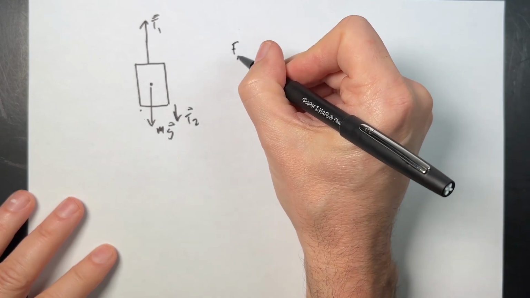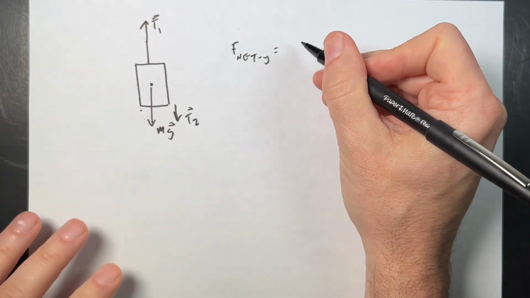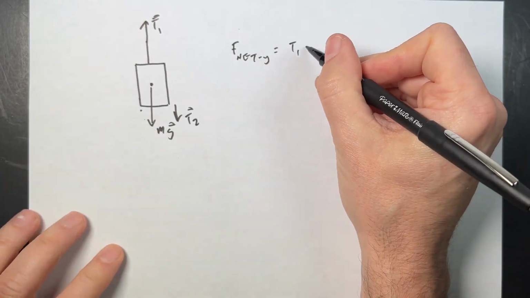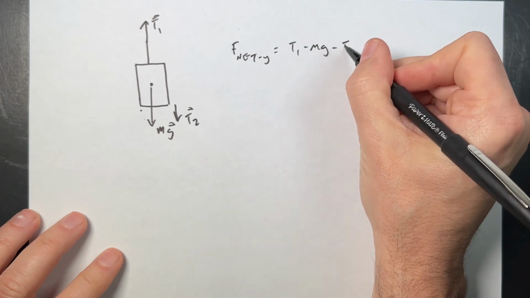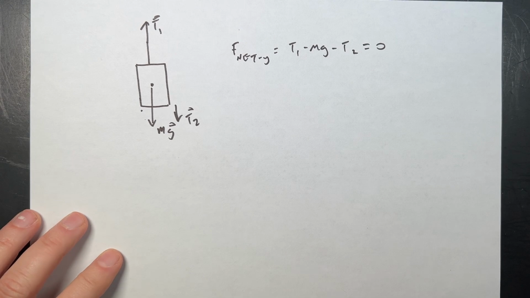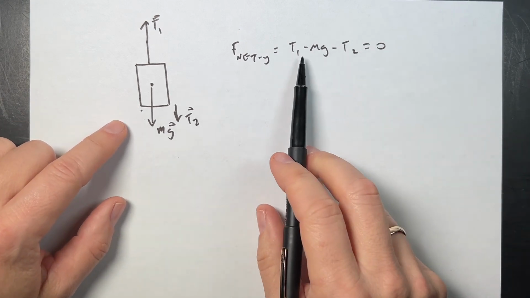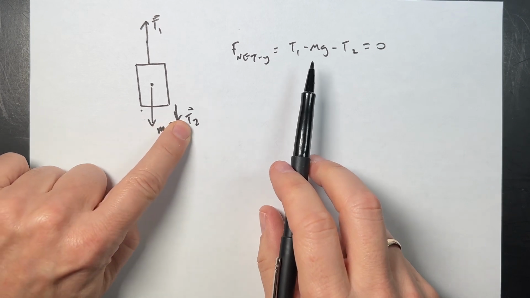So F net in the y direction is equal to the tension T1 minus mg minus T2. These are minus because they're in the negative y direction. And let's say I pull very slowly so the acceleration is 0 or very, very close to it. Then this is true.